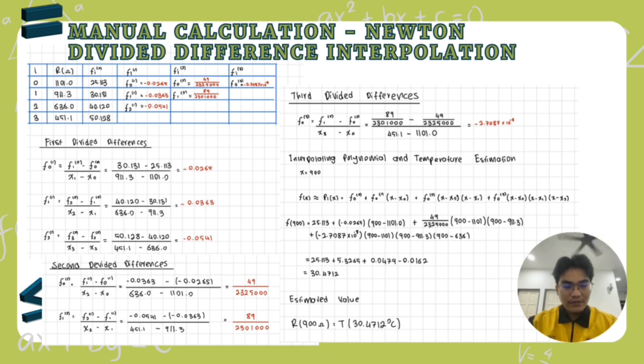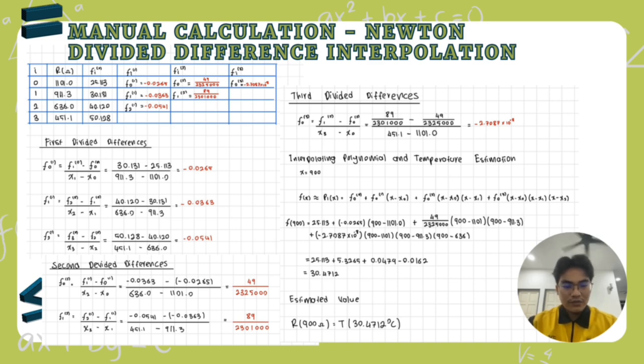Then the third divided difference: finally we calculate the last coefficient by finding the difference between our second order values. This results in a very small constant, minus 2.70 times 10 to the power of negative 7.